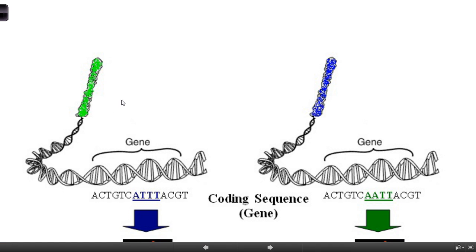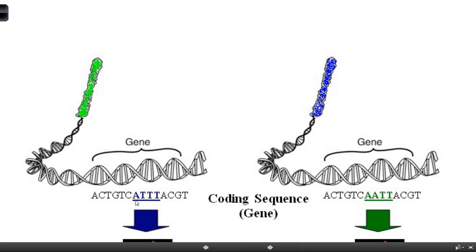So in this case, these two chromosomes have a gene right here, and there's another gene on this one in the same place. And if we look at the sequence of that gene, the letters in there, this gene has a sequence A, C, T, G, T, C, A, T, T, T, A, C, G, T. And this gene over here on its homologous partner has a very similar sequence.